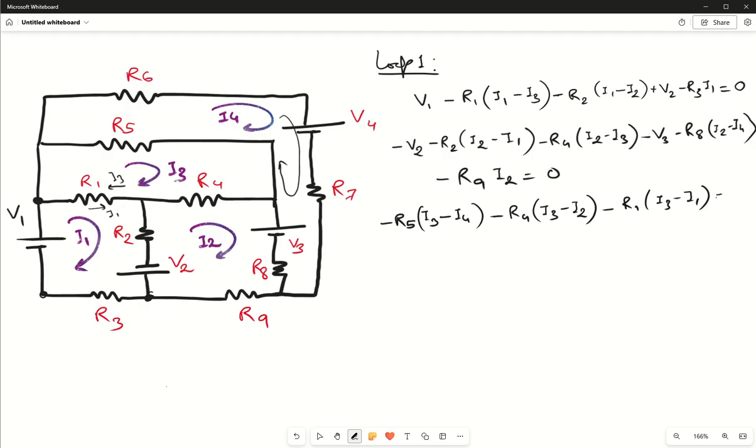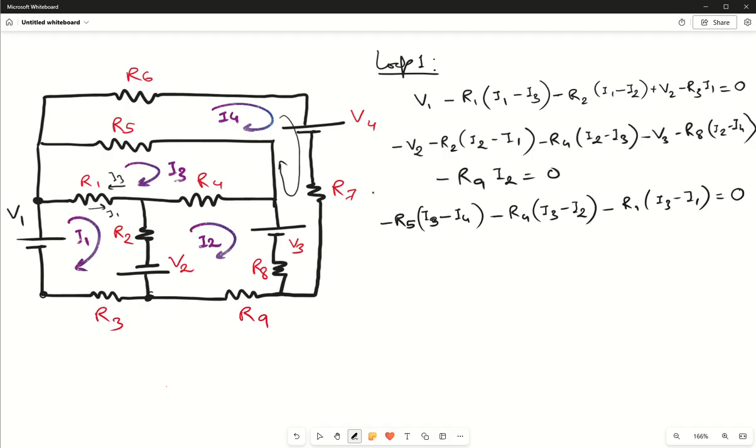So as you can see, the beauty of considering all the currents are in positive direction is that we don't have to think even about writing the current values, so it is always negative. So for this, suppose I3 minus I4, this is your I3 minus I2, so every time it will be negative, okay, so it will be minus.